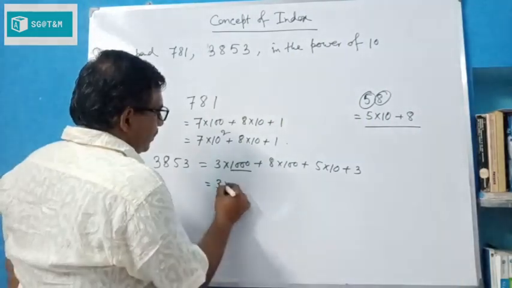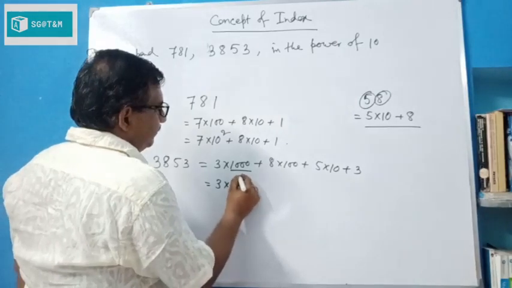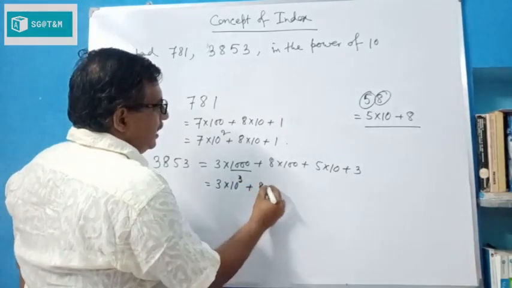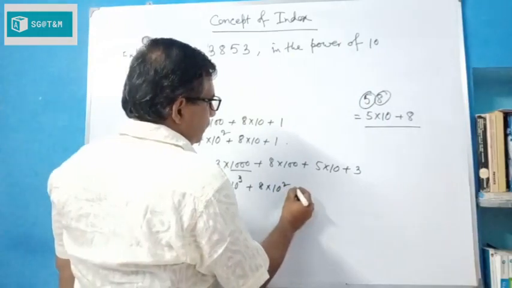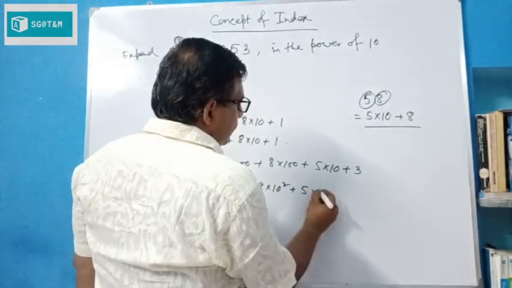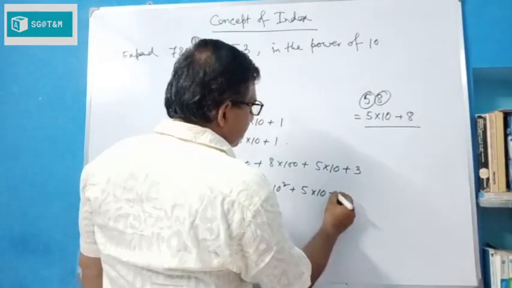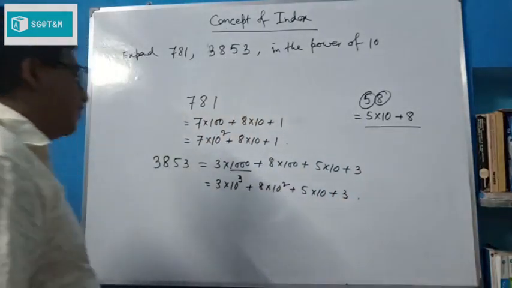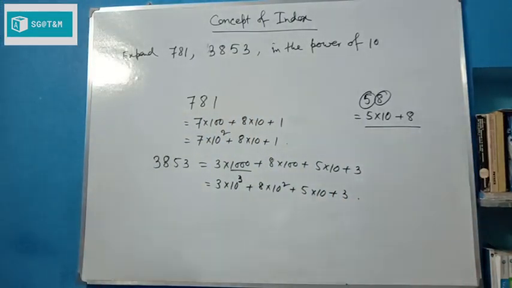So 3 into 10 to the power 3 plus 8 into 10 to the power 2 plus 5 into 10 to the power 1, or 10 itself. This one, if we expand, is in this form. Clear?